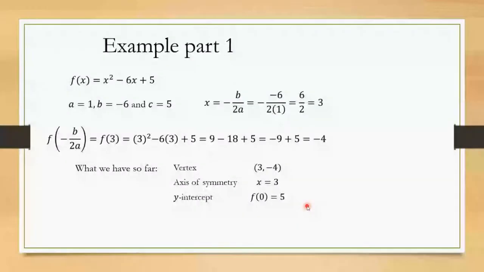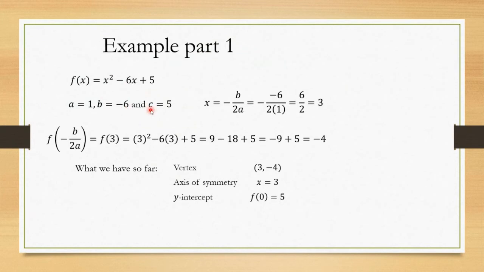Well, let's do an example, and then you'll get the chance of doing some examples today as well. So here's this example. Now, remember, you always want to get your a, b, and c.